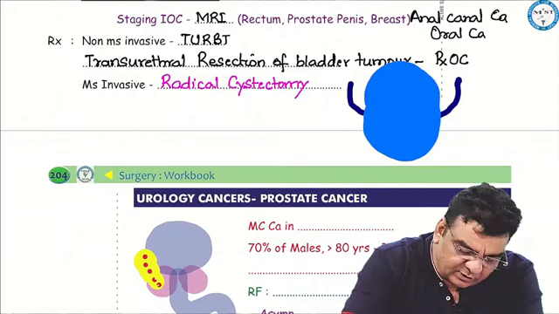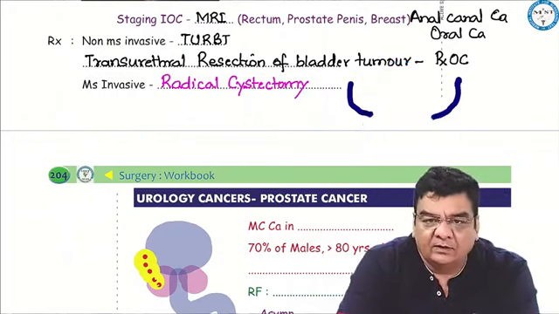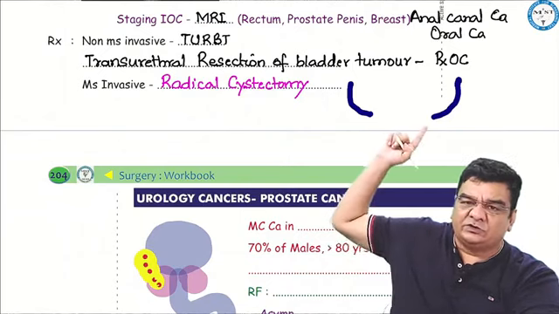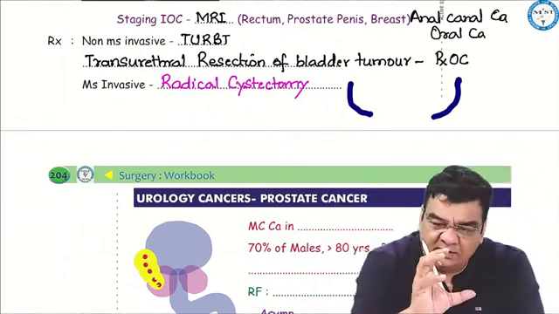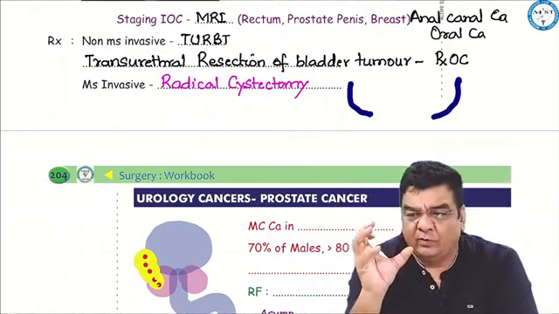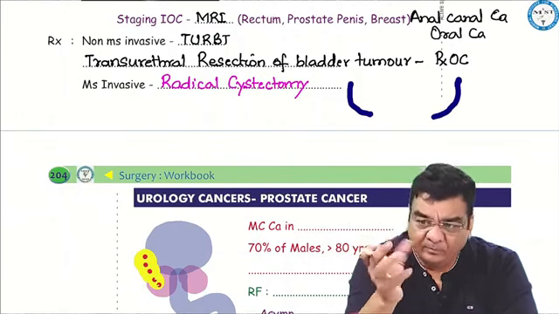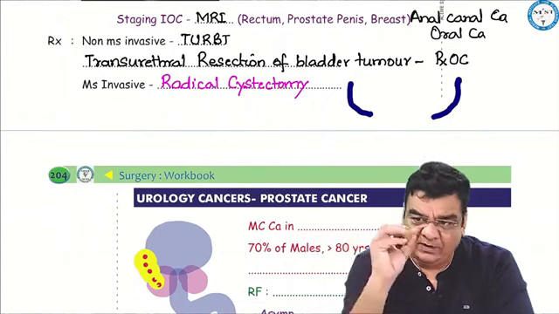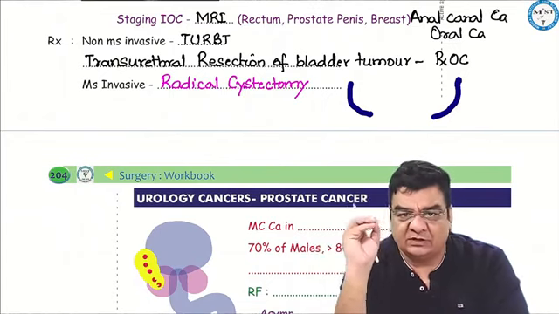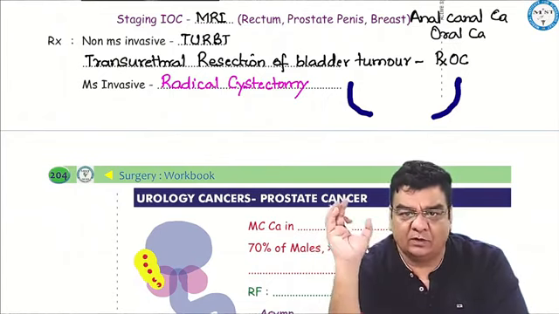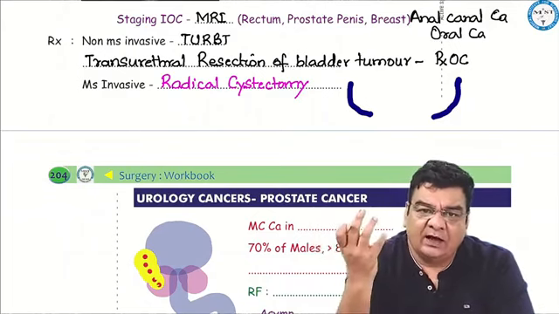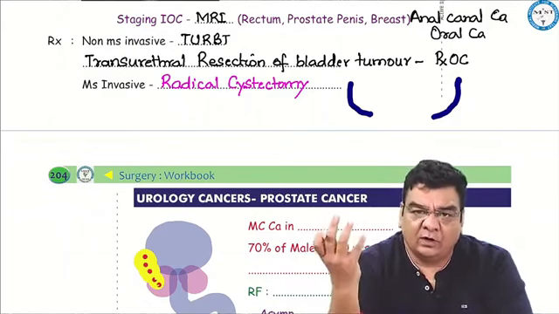So we take these two ureters and divert them into an isolated loop of small intestine, or maybe an isolated loop of large intestine. That means we can put these two ureters in the ileum or maybe the colon in an isolated loop. That is called an ileal conduit or a colonic conduit.